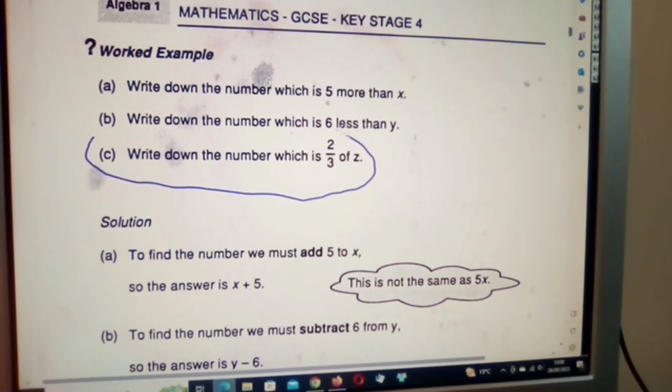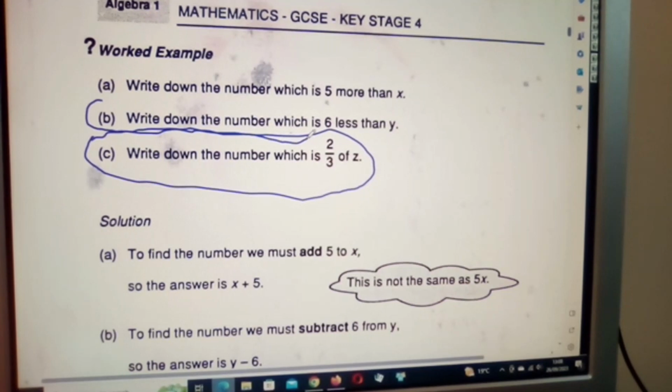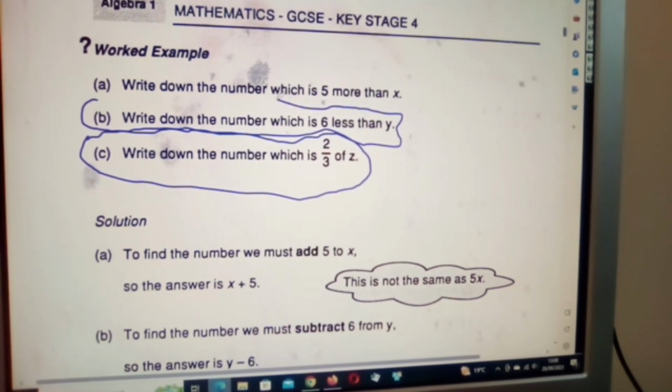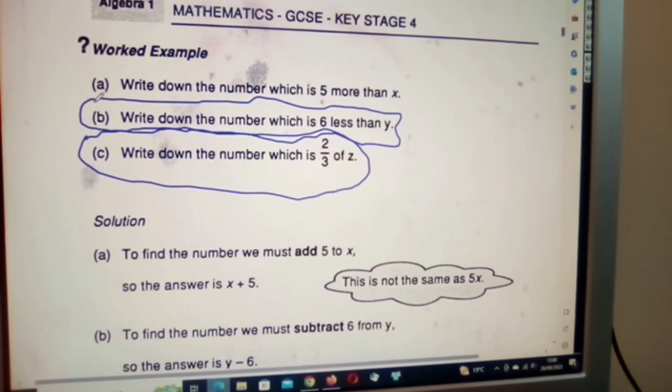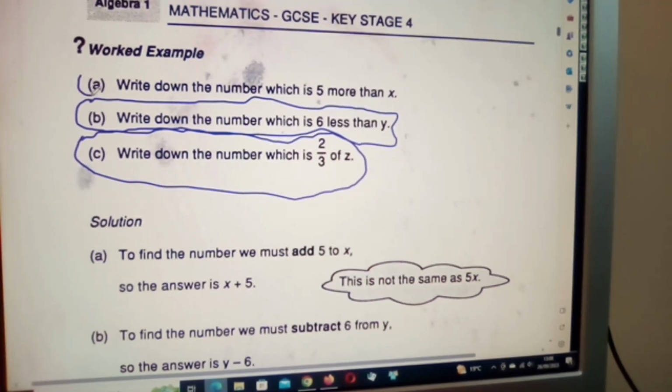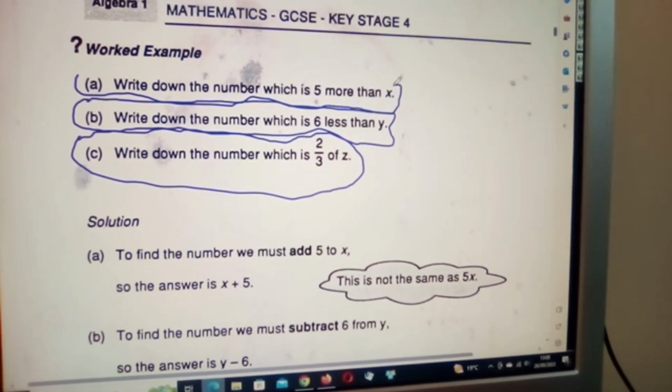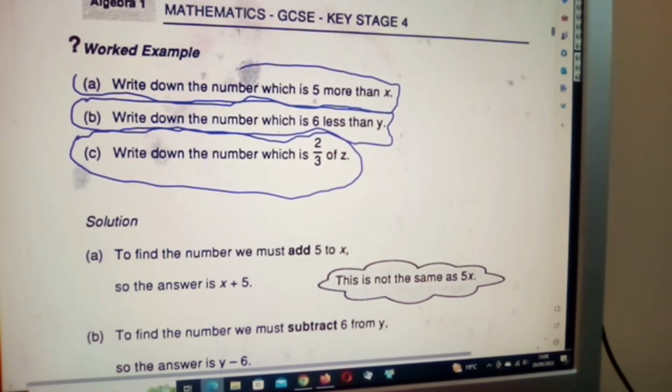So we're looking at that. We're looking at this. Okay. And we're looking at this. A, B, C. Okay.